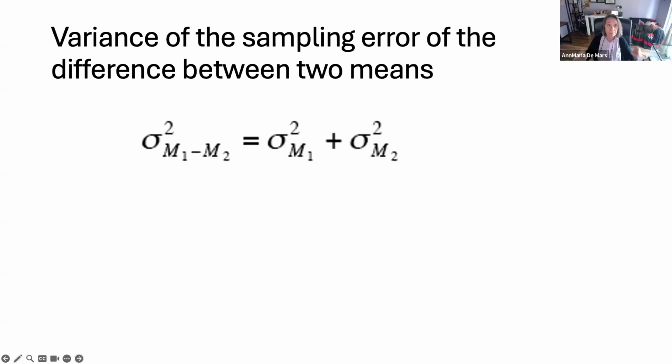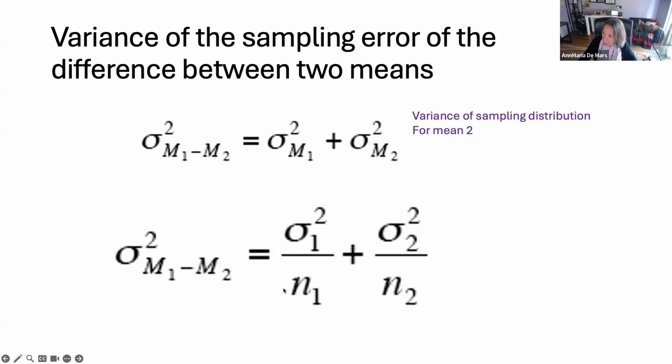Now, the variance of the sampling error of the difference between two means is shown as this. The variance of the difference between mean one and mean two is the variance of the sampling distribution for the second population plus the variance of the sampling distribution for the first population.